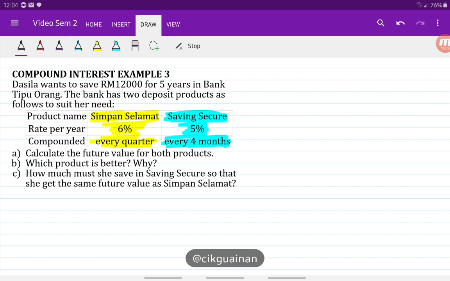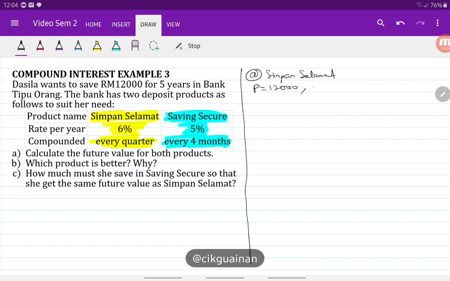Can, A fits over there. I do it over here. Now for A, calculate the future value for both products. We calculate for Simpan Selamat first. The principal is 12,000.